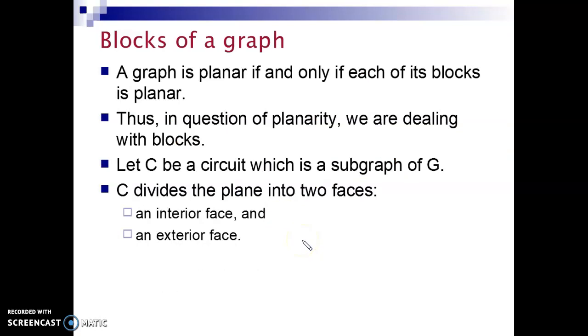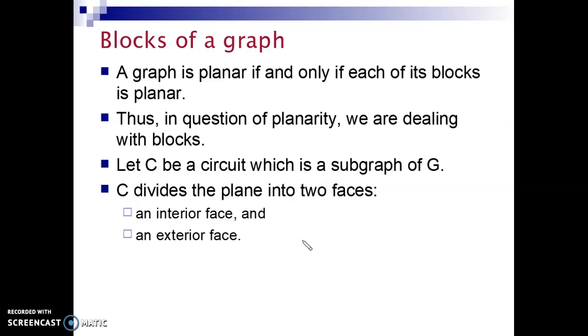In our previous discussions, we defined the blocks of a graph. In terms of planarity, blocks of a graph is an important part of the discussion because a graph is planar if and only if each of its blocks is planar.